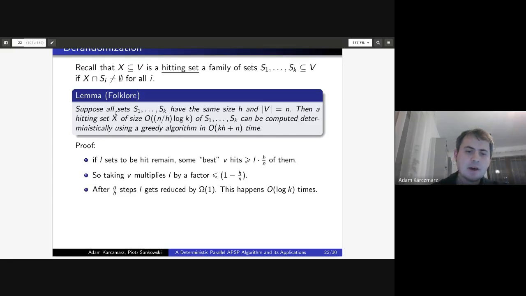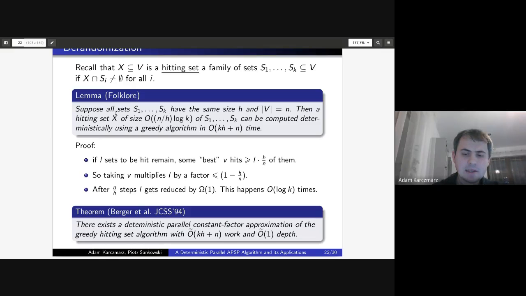After n over H steps, the quantity L gets reduced by a constant factor. So this can clearly happen no more than order log n times. And luckily, this greedy algorithm can be parallelized very well if we do not mind increasing the size of the hitting set produced by only a constant factor, which we, of course, don't mind.